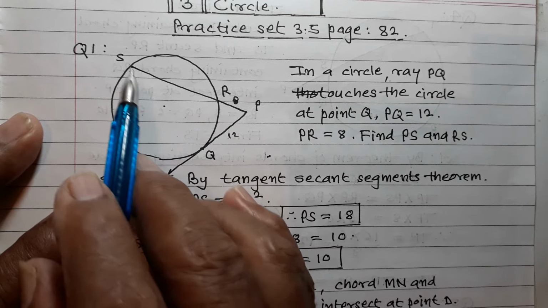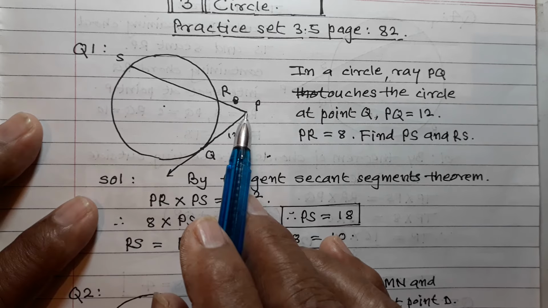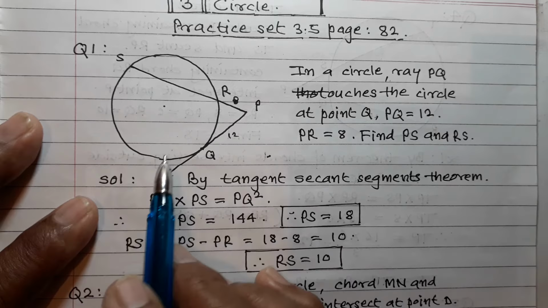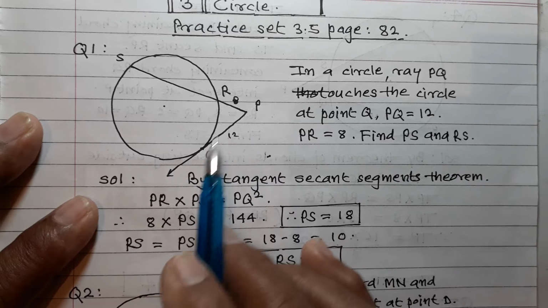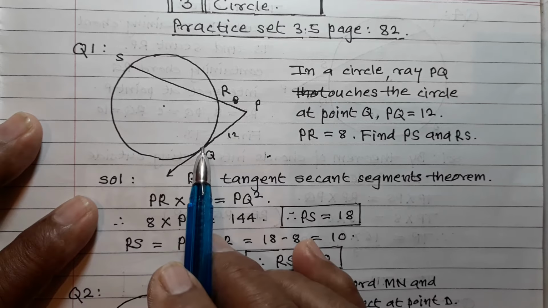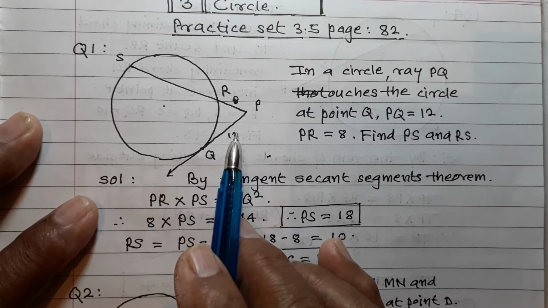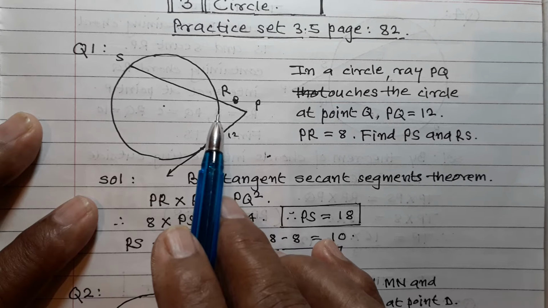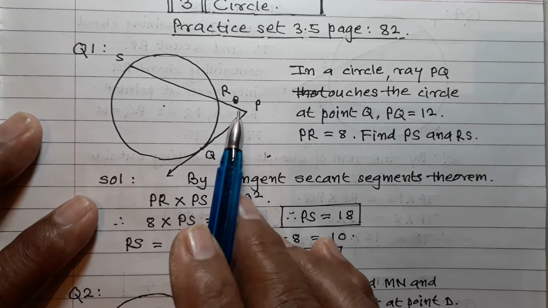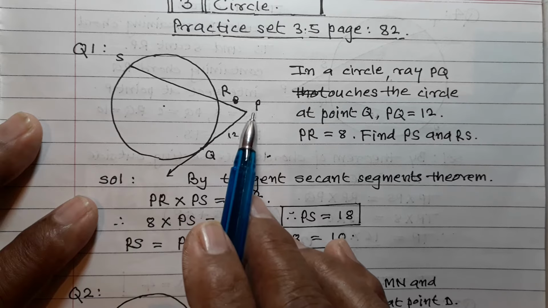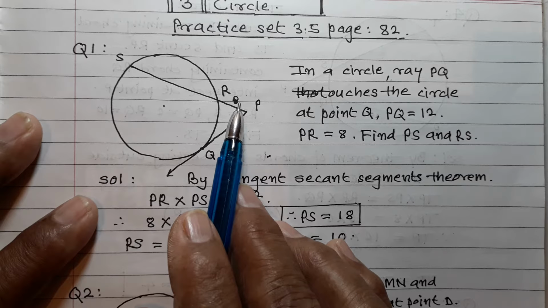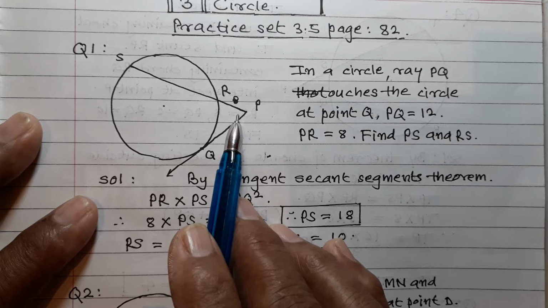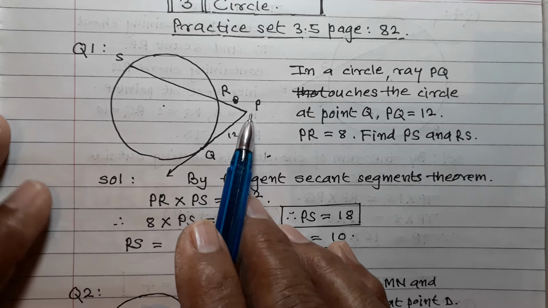In this circle, this is a secant PS and this is a tangent PQ at point Q, and PQ is equal to 12 given and PR is equal to 8 given. Find PS and RS.